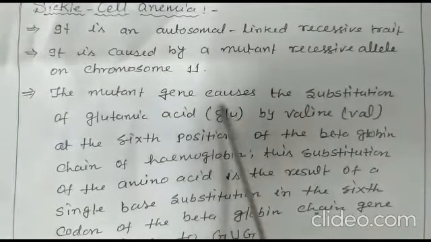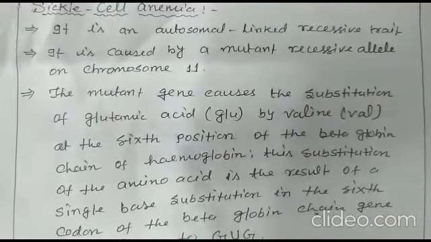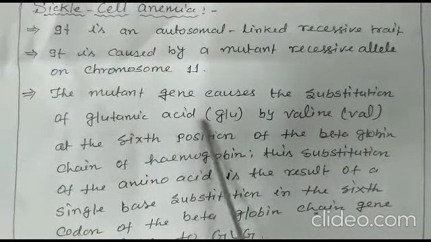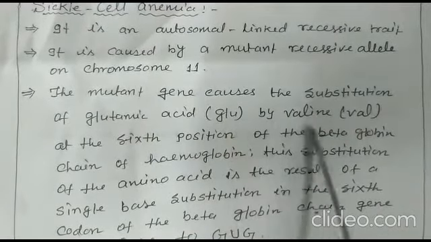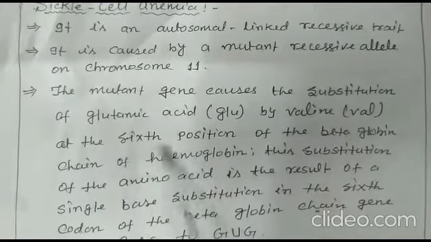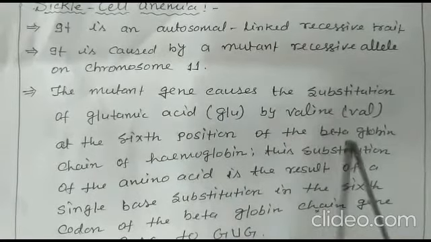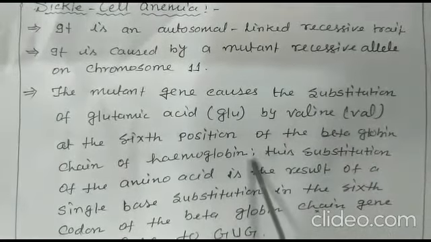Actually, the mutant gene causes the substitution of glutamic acid by valine at the sixth position of the beta globin chain of hemoglobin.